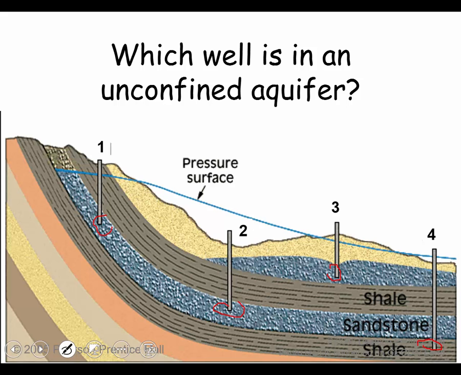Give me a number. 3, absolutely, sure. And what is this surface that I'm drawing? Between the saturated and unsaturated material. That's the water table. And this depression is the cone of depression.